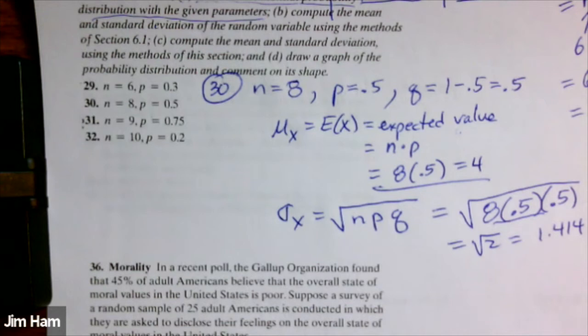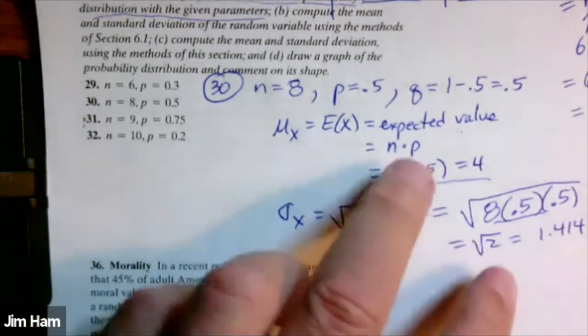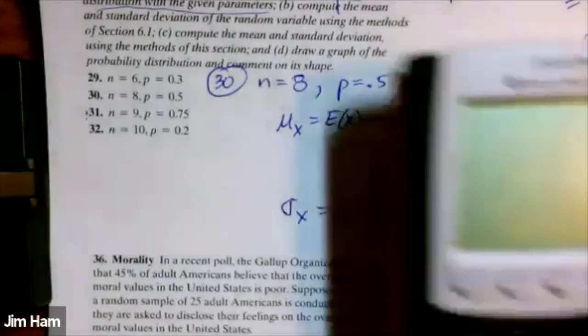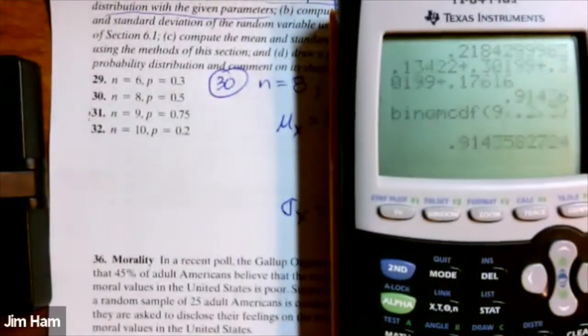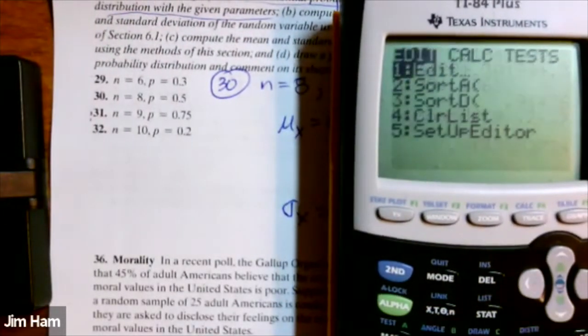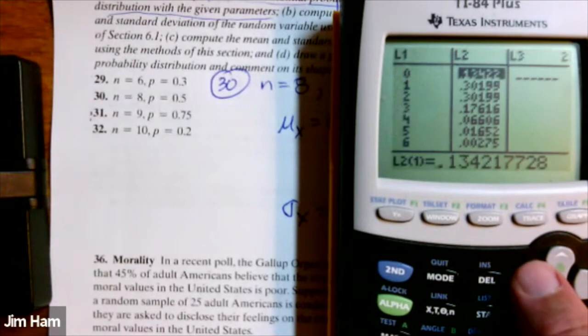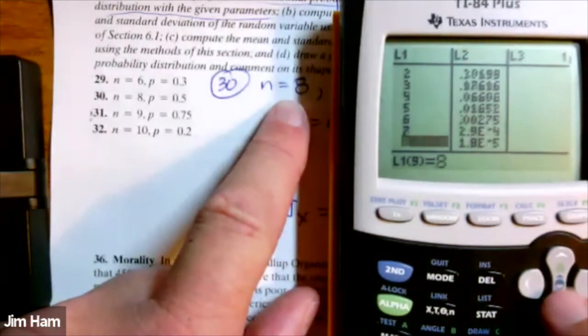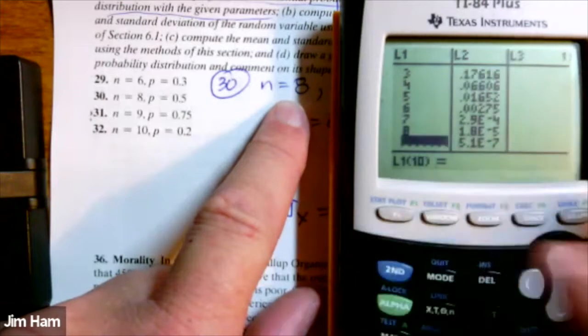All right, they tell us to calculate these same 2 numbers using the section 6.1 method. So if you did that, since n is equal to 8, our x values have to go from 0 to 8.